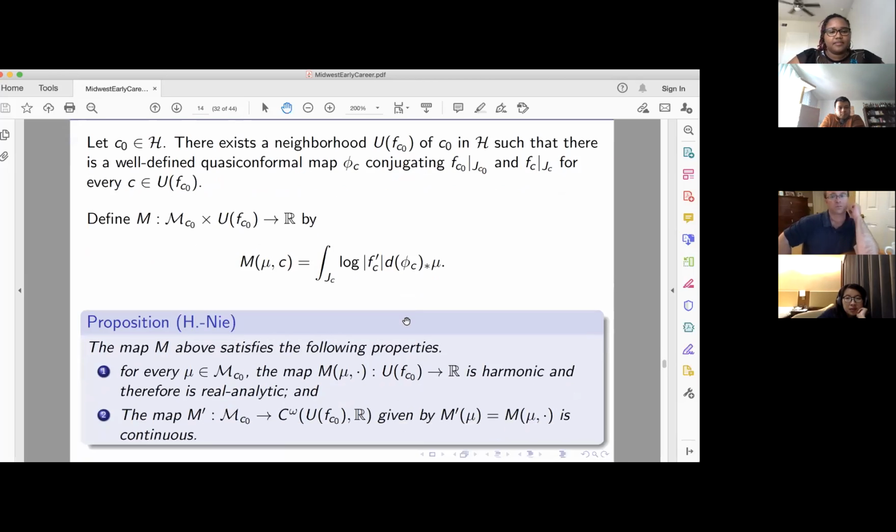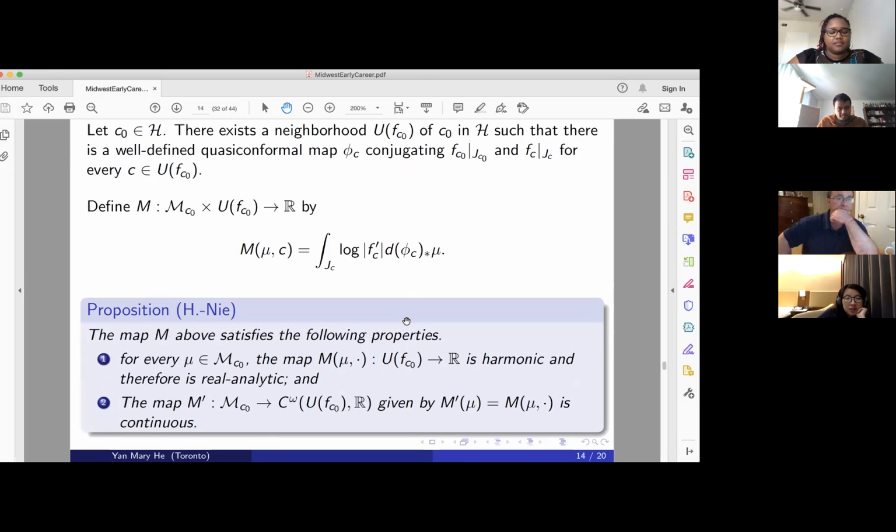Right, so this map has some nice properties. First of all, if we fix the first coordinate, so we fix mu, then this is a map from the neighborhood to R, right? This map is harmonic. If we fix the first coordinate, it is harmonic, and therefore it is real analytic.